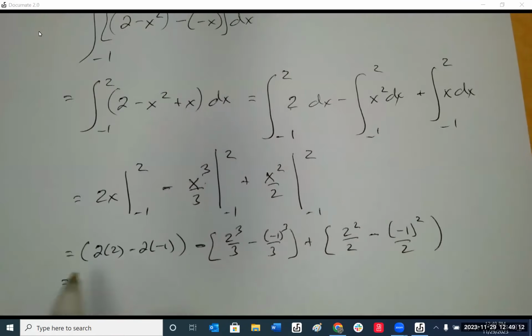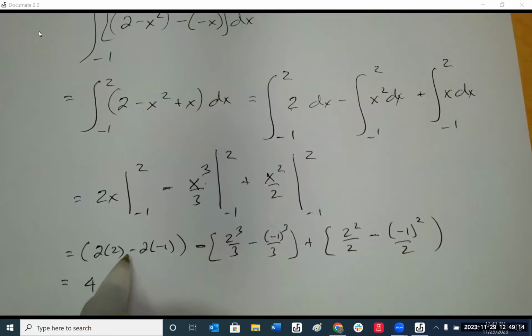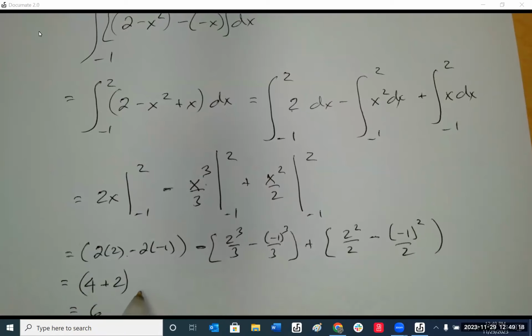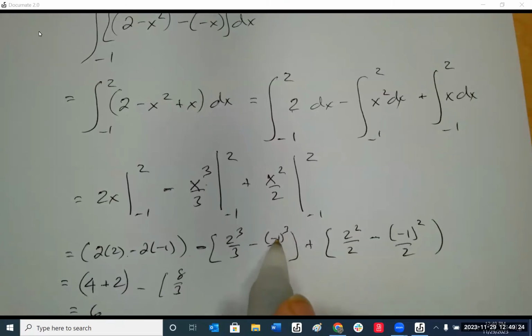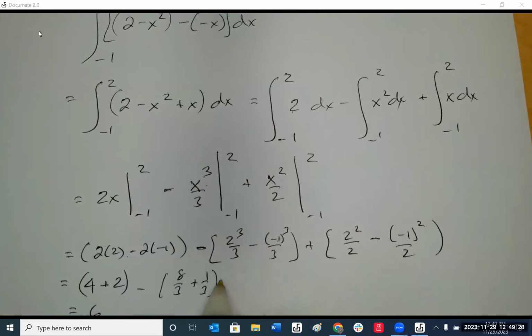So you got 6. 2 cubed is 8 over 3, and minus -1 cubed, so it's plus 1/3, which is 9 over 3, which is 3.